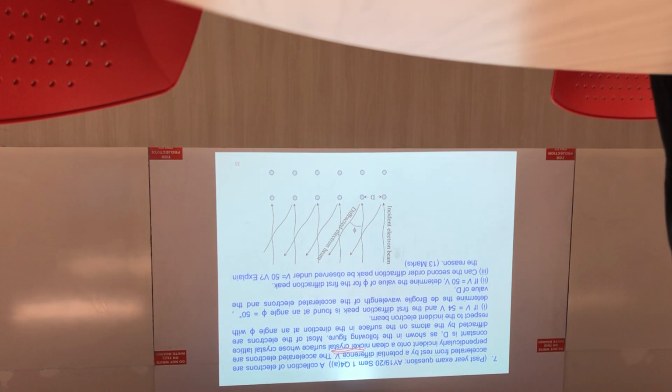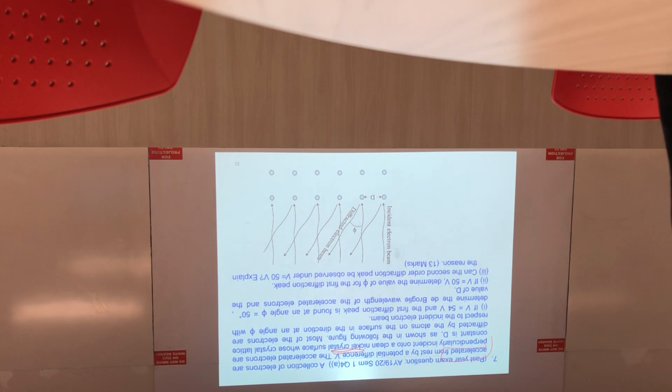Then the potential is applied to this electron. Because of this potential, the electron will now travel and be accelerated, which means the potential energy is now converted to kinetic energy.